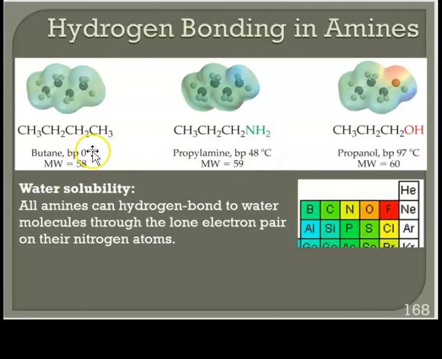If you're looking at butane and you substitute nitrogen on the end, all of a sudden it goes up 50 degrees, even though the molecular weight is pretty much the same. Not quite as good as hydroxyl, right, where we go up to propanol with a boiling point of 97 degrees, but these do help with the hydrogen bonding. That's partially because oxygen is more electronegative than nitrogen. That's why it's the higher boiling point.